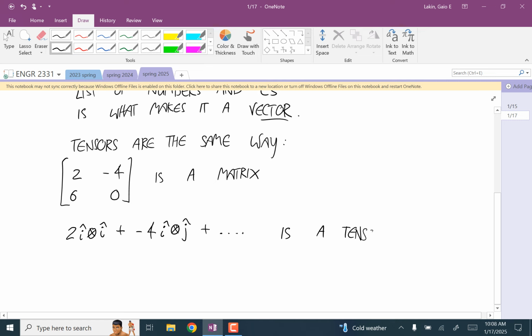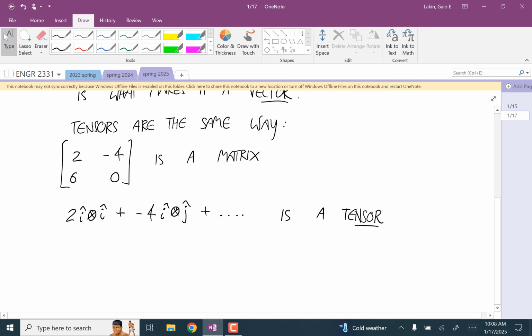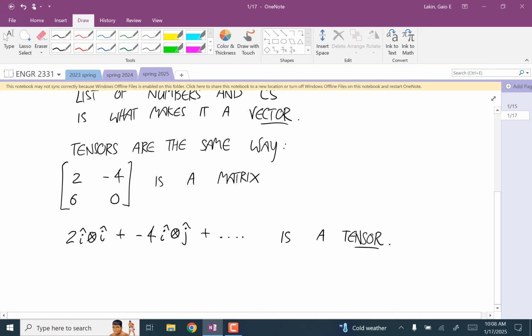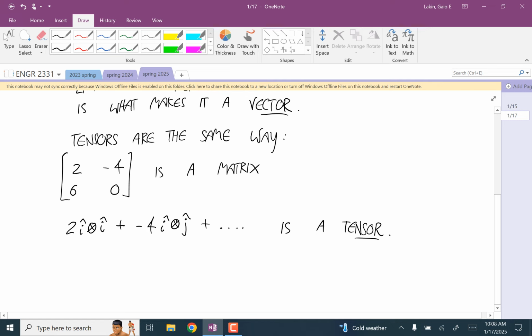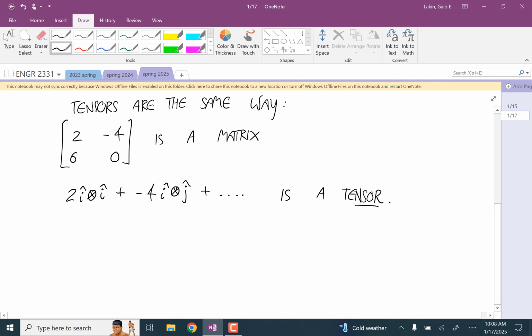Is a tensor. So the relationship between the matrix and the coordinate system is what makes it a tensor.